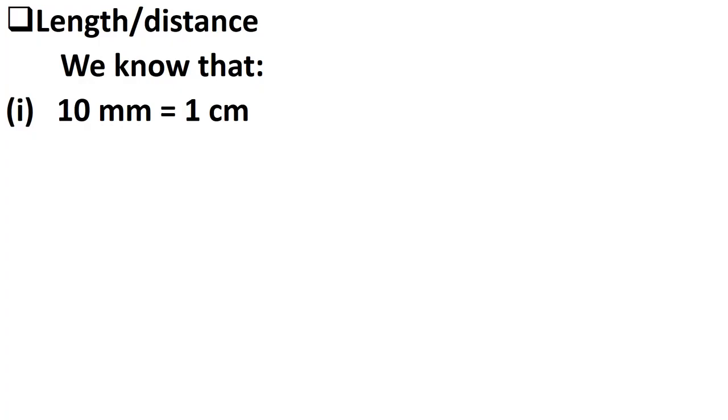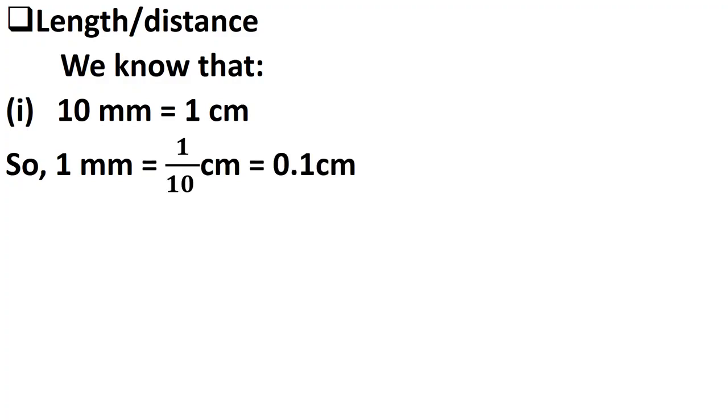So here we are going to convert millimeter into centimeter. We know that 10 millimeter equal to 1 centimeter. So 1 millimeter equal to 1 upon 10 centimeter. So whenever we have to convert millimeter into centimeter, we will divide it by 10, and then we will place decimal accordingly.